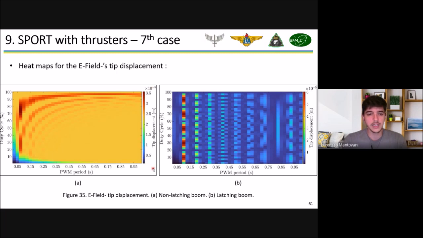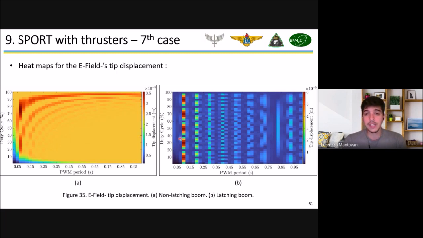Blue indicates a small deformation, and red a larger deformation. And what we see in the non-latching case is that we have some concentric regions of larger deformation intercalated by regions of smaller deformation.